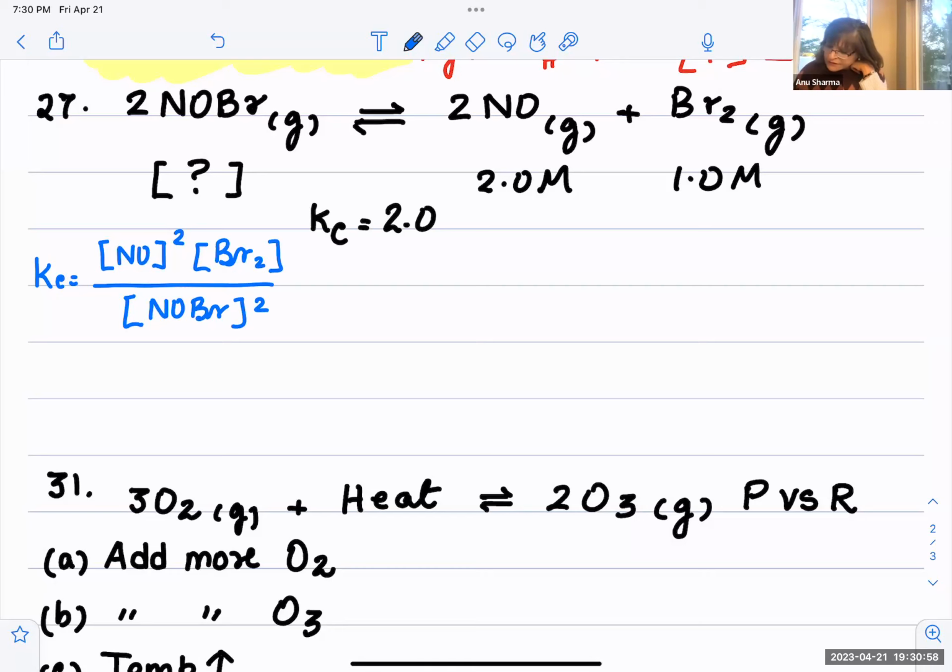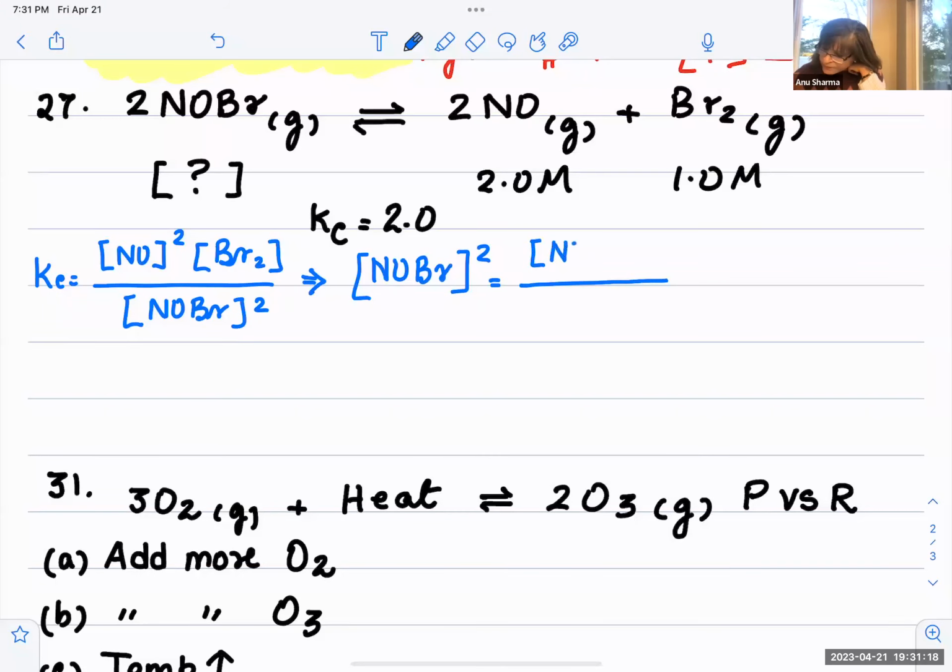Right now, let us set it up first. So how would you do this problem? NOBr squared is equal to the concentration of NO squared times Br2, over the value of Kc.